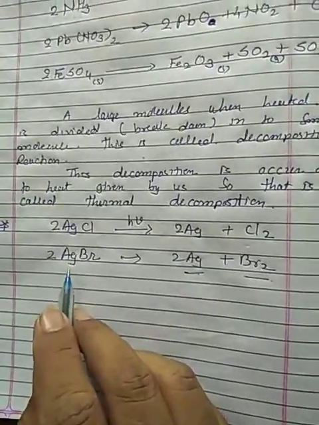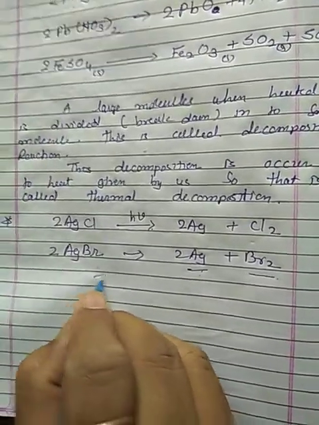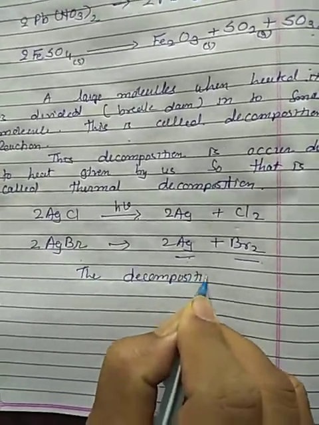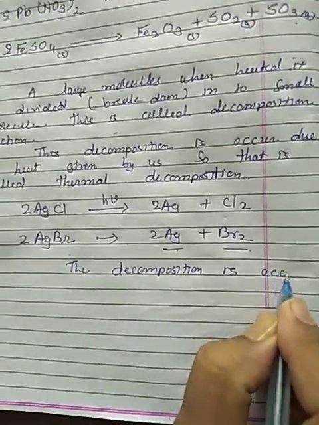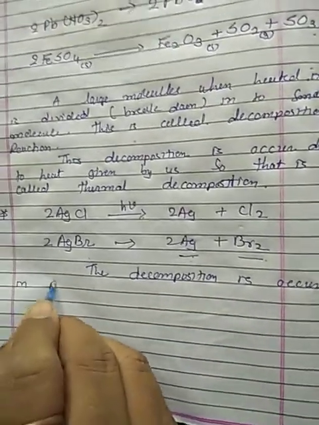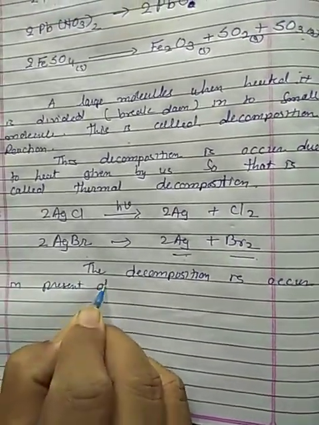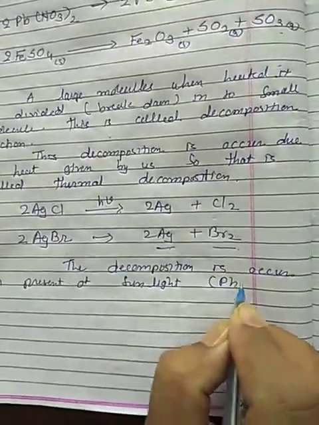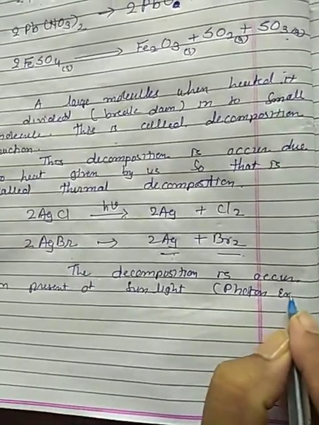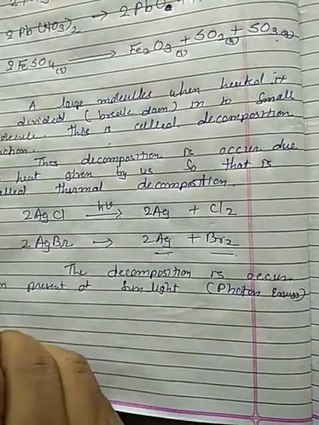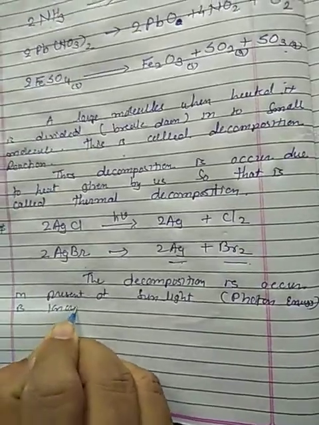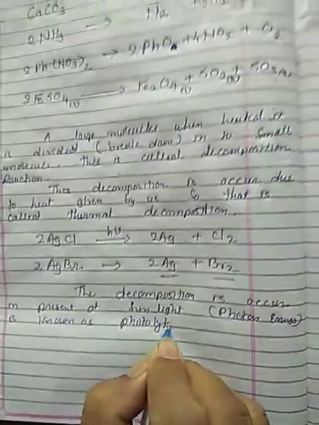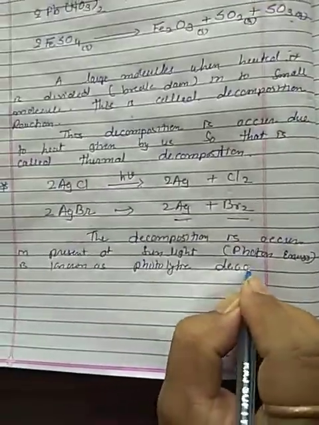Then the darkness of the glass decreases. So decomposition that occurs in the presence of sunlight, or we can say photon energy, is known as photolytic decomposition.